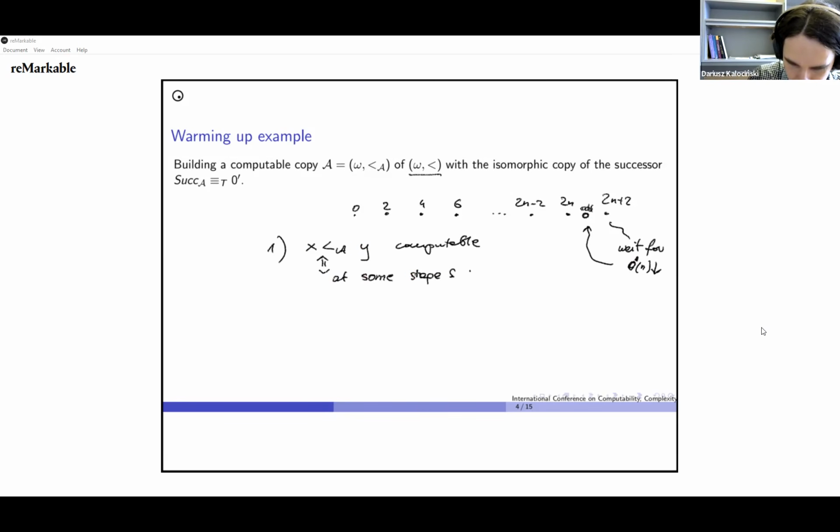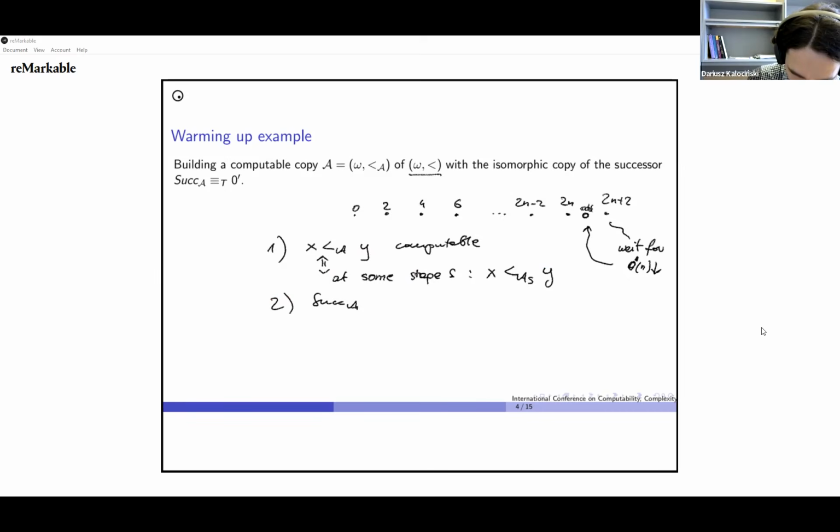At some stage S, you will see that X is at that stage less than Y. Each number will eventually appear in the construction, and once both these numbers appear in the construction, you know what the ordering is. So it's computable.